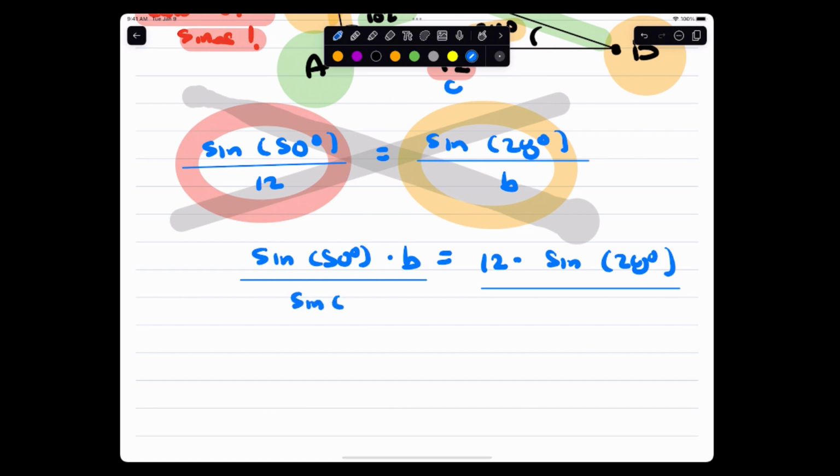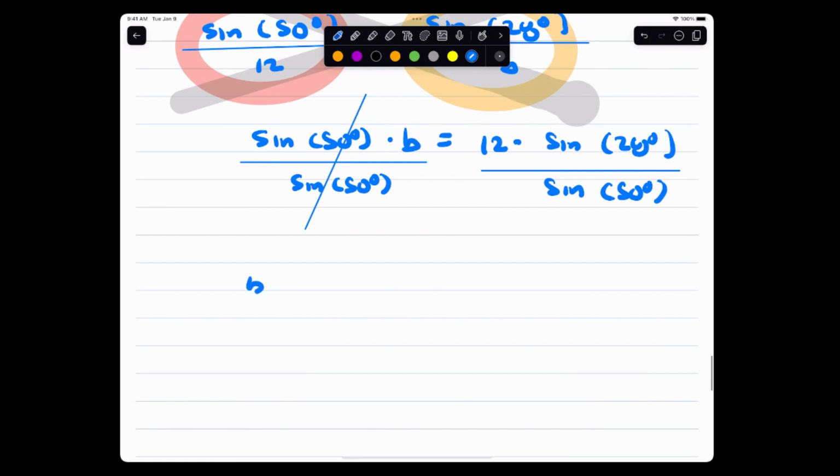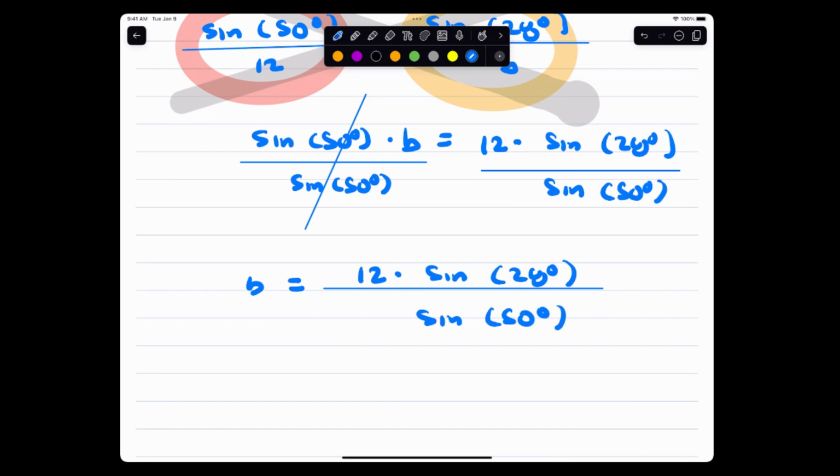Divide both sides by sine of 50 degrees. And little b becomes 12 times sine of 28 degrees divided by sine of 50 degrees.